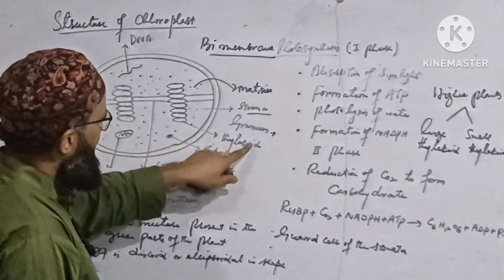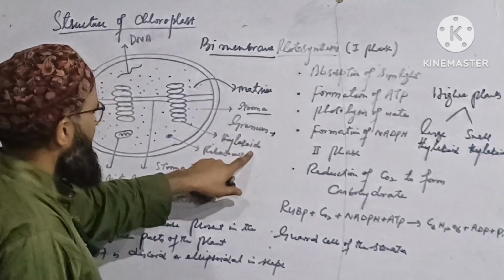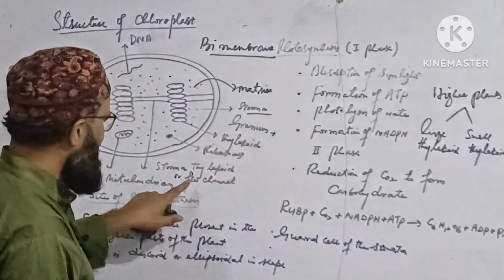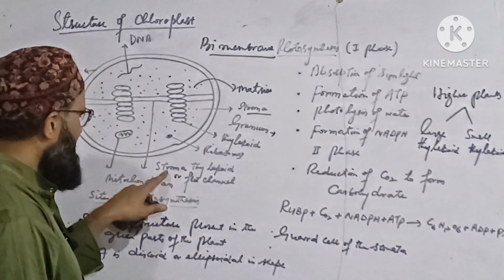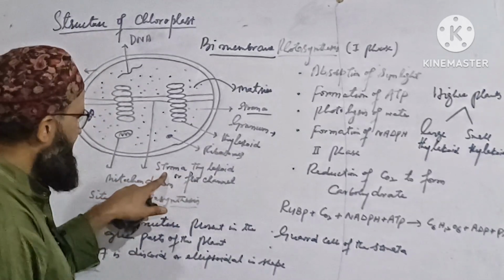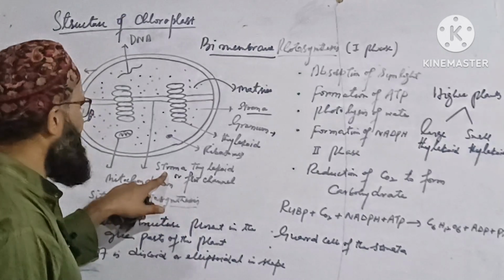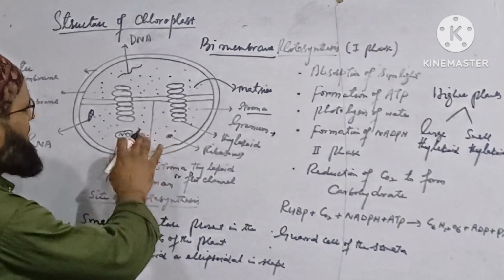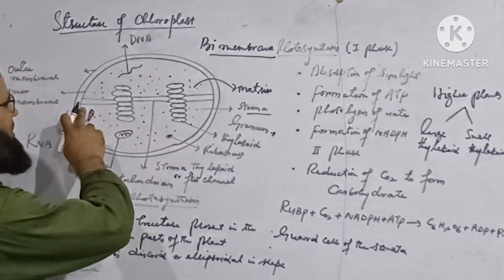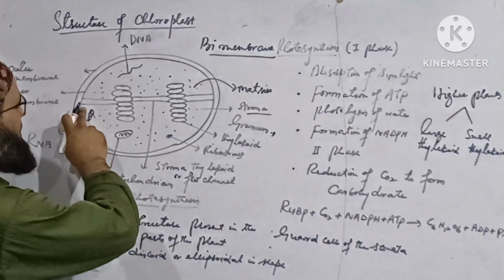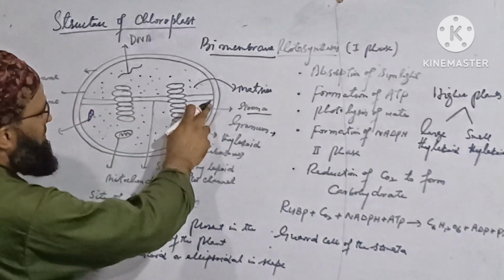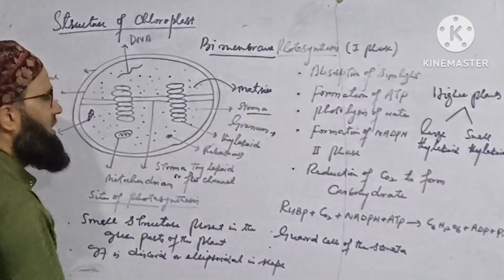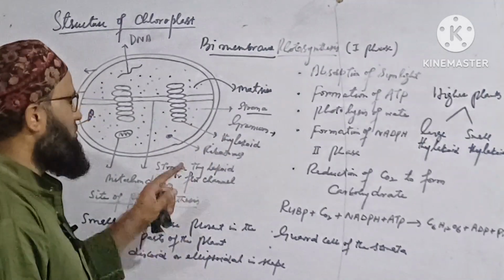So what is the function of the granum or grana thylakoid? We can discuss it later on. First of all, let us discuss the stroma thylakoid. Stroma thylakoid is a thylakoid which is present throughout the chloroplast. That is, one end is attached to the inner membrane at the posterior end of the chloroplast, and the other end of the stroma thylakoid is present at the anterior end of the chloroplast.